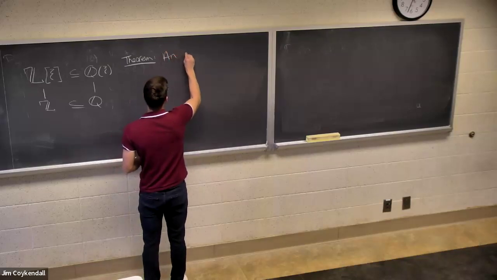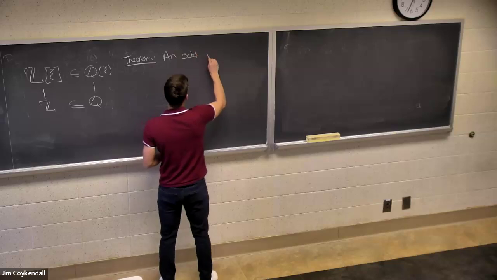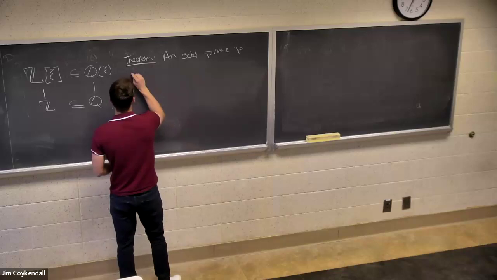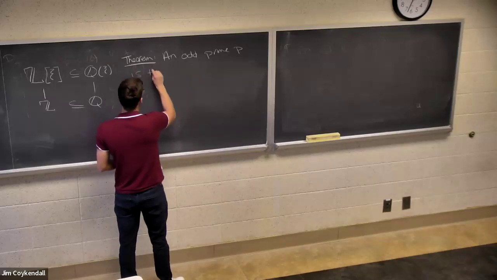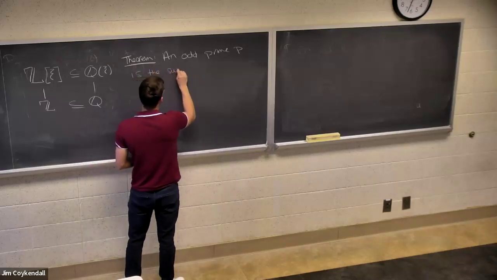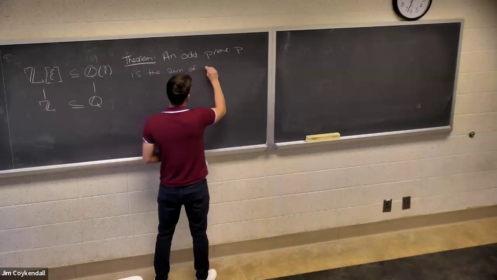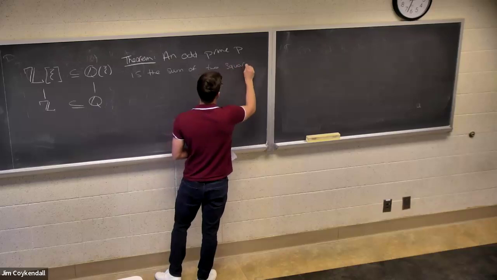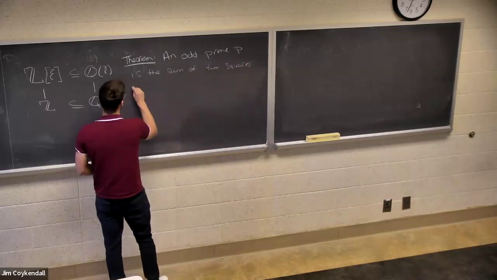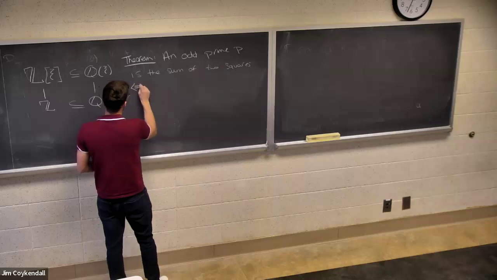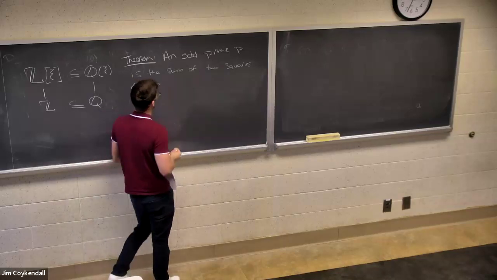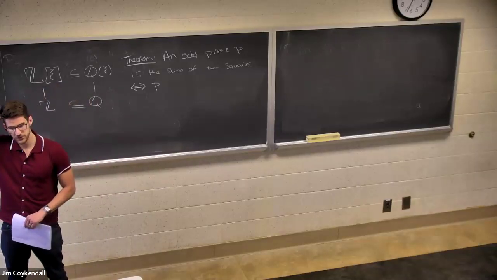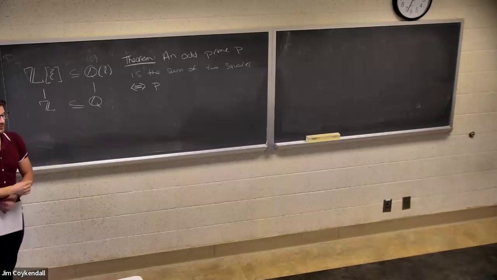So an odd prime p is the sum of two squares if and only if p, does anybody know the rest? It's the condition on the odd primes such that they're the sum of two squares.